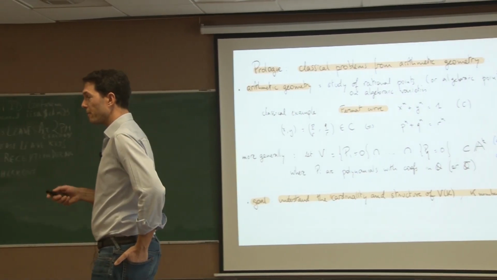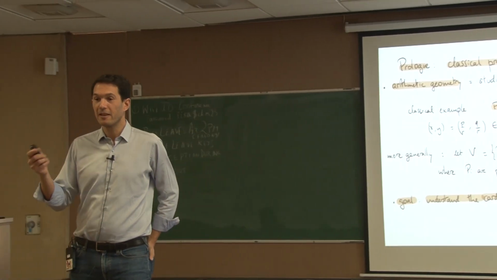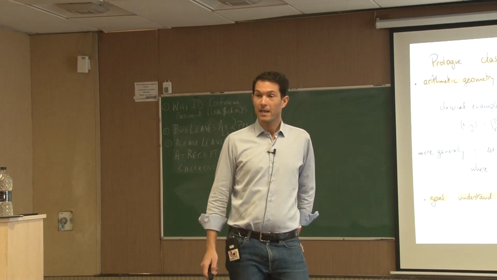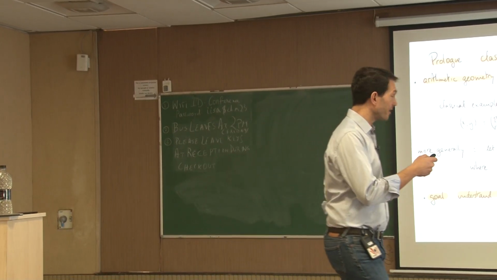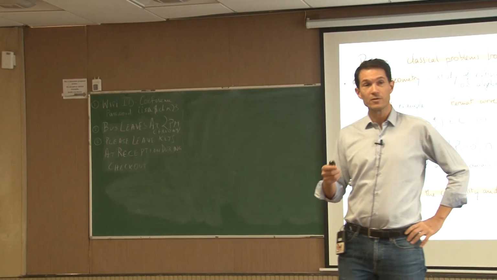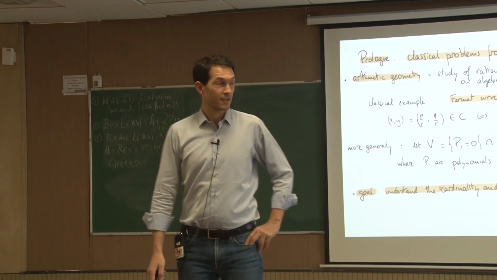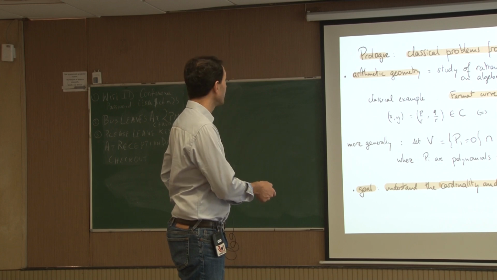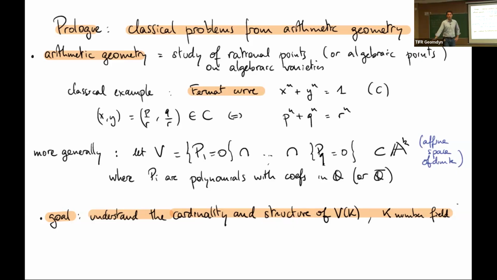So arithmetic geometry is the field of mathematics which studies rational points on algebraic varieties. Its initial motivation comes from the study of Diophantine equations, such as the Fermat equation. When you want to find triples of integers satisfying this equation, you can translate this into a more geometric problem by considering this curve.